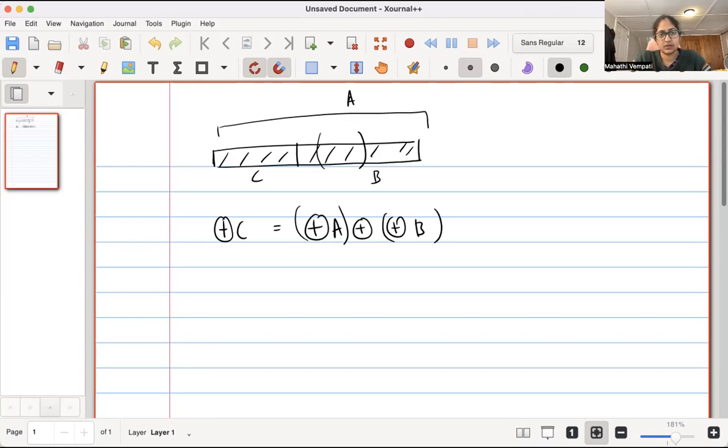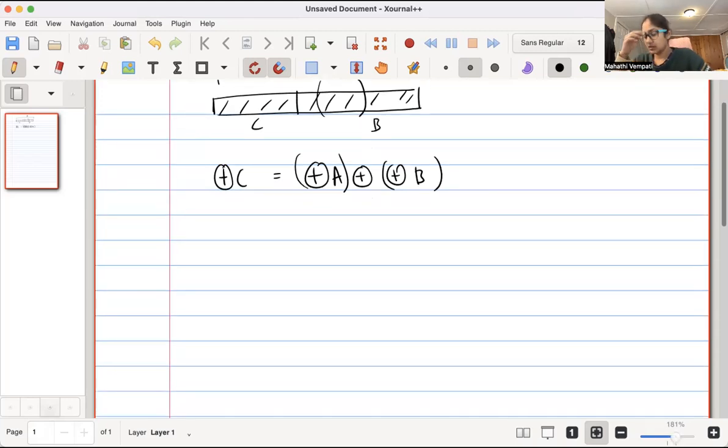Literally find all the XORs and add them up, but you can't do that.